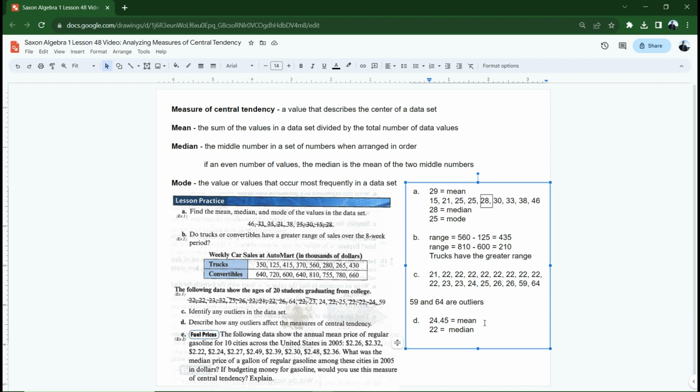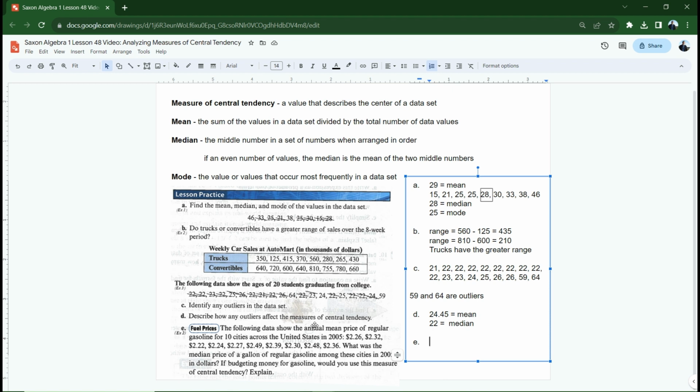And then letter E, the following data show the annual mean price of regular gasoline in 10 cities across the U.S. in 2005. 226, 232. So these numbers. What is the median price of a gallon of regular gasoline among these cities in 2005 in dollars? To find that median, I need to list these all in order.